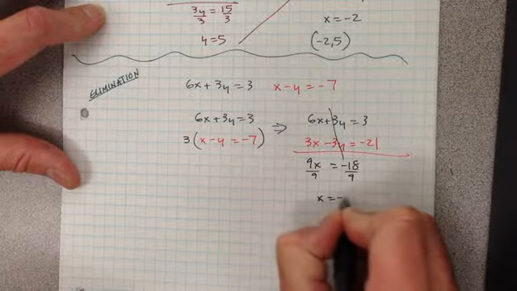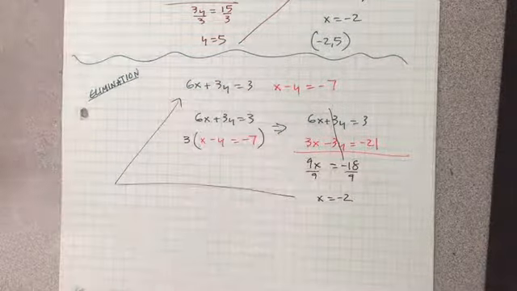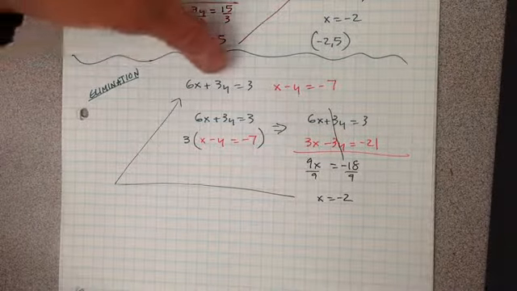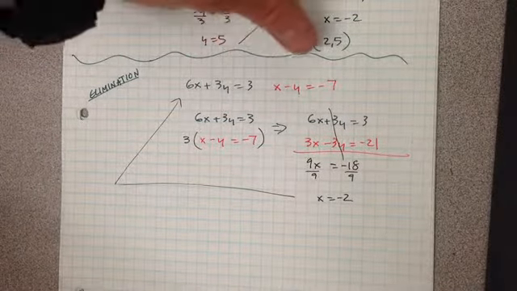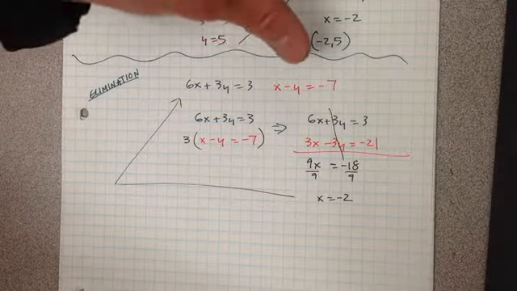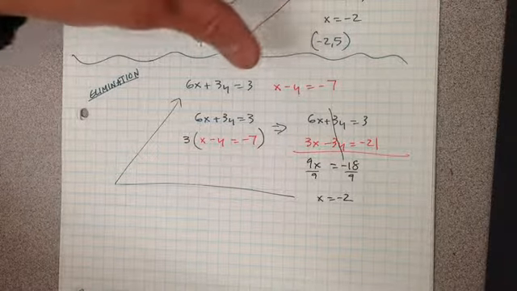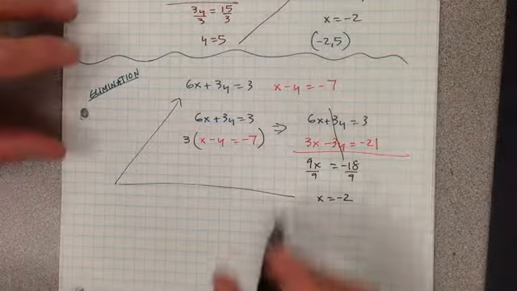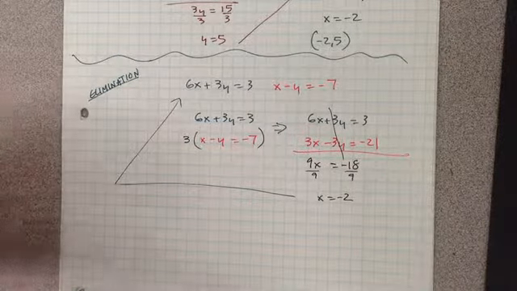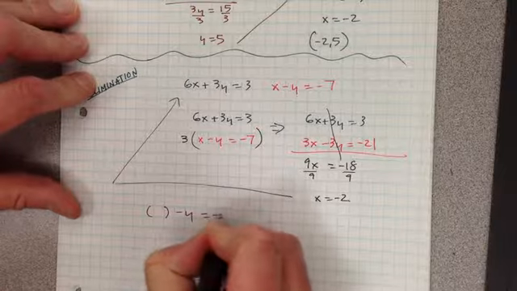x equals negative 2. Take it, once again, plug it in to one of our original equations. You get to choose the very best one. You get to pick. Make it easy on yourself, please. I'll choose red. X minus y equals negative 7.